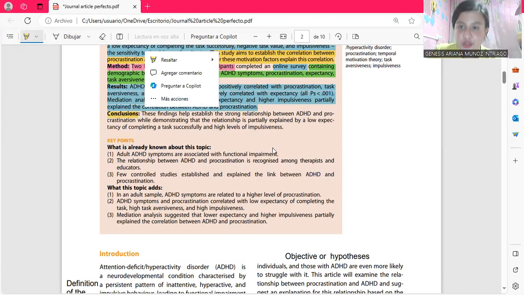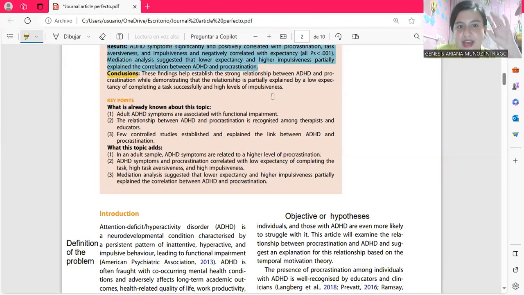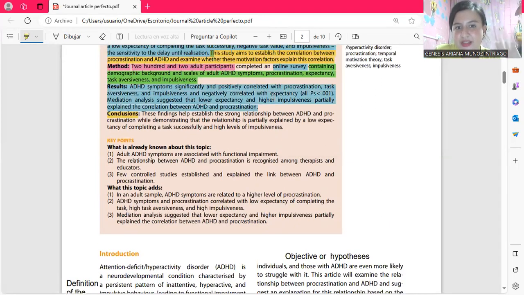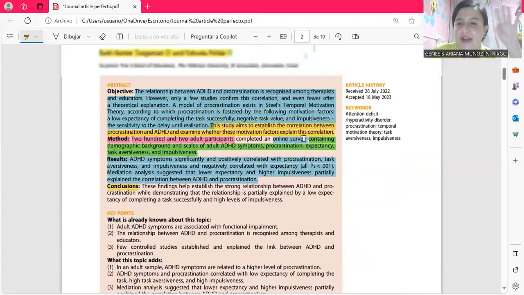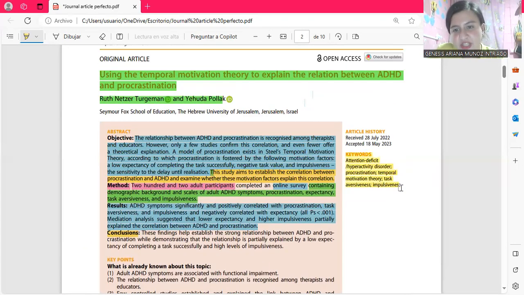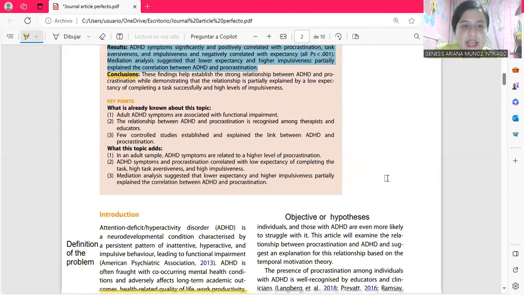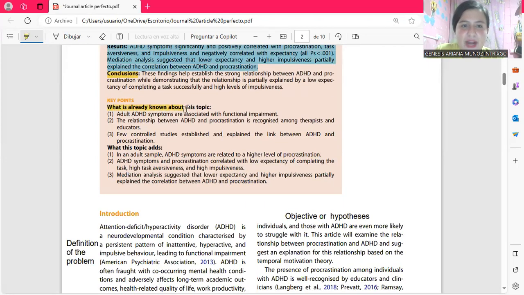In this case, the conclusion of this article is that these findings helps to establish the strong relationship between ADHD and procrastination, okay, while demonstrating that the relationship is partially explained by a low expectancy of completing a task successfully, okay?